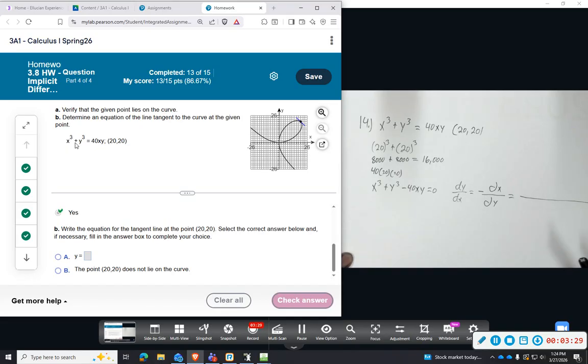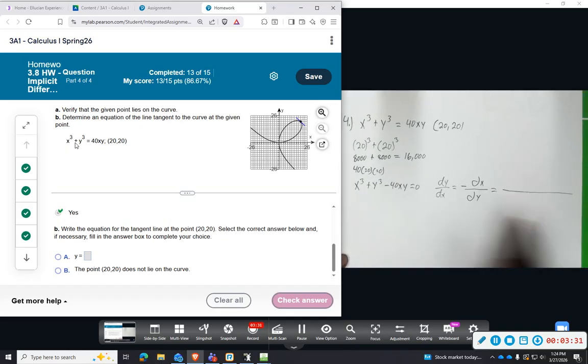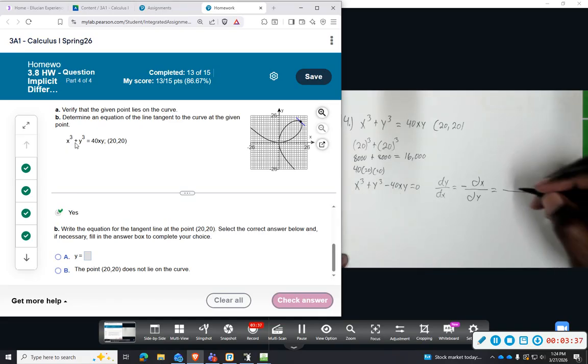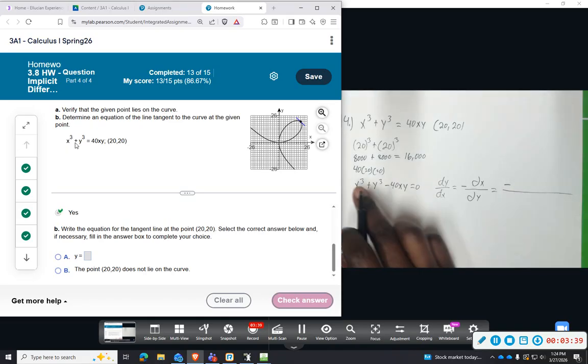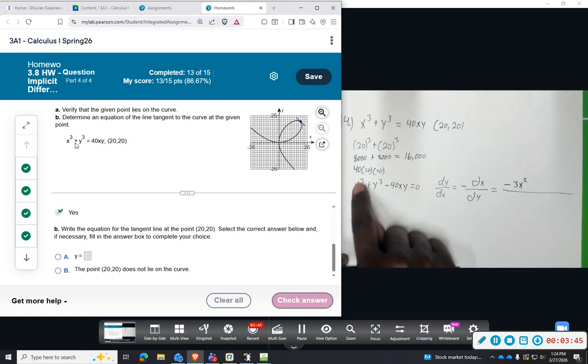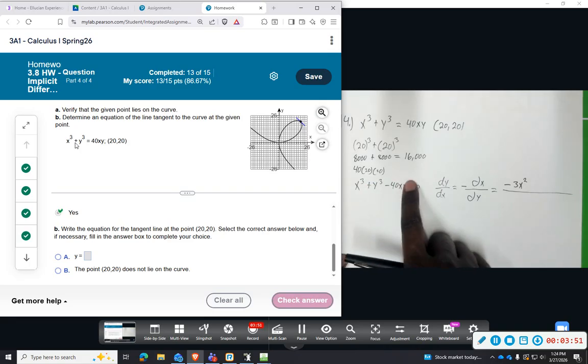All right, so I'm going to do the derivative of this function treating y as a constant. So it's going to be treated just like a number. So we have a negative; the derivative of x cubed is going to be 3x squared. Multiply and subtract 1. The derivative of this is going to be a 0 when we're talking about x. And then the derivative of this term, if you just focus on the 40x, it's just going to give you a negative 40, but the y is treated like a constant, so it'll be a negative 40y.